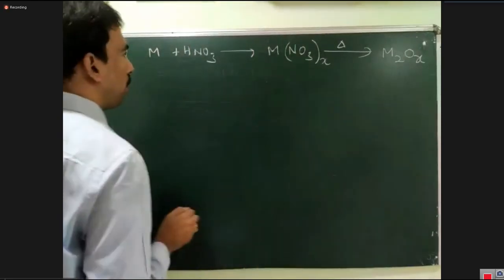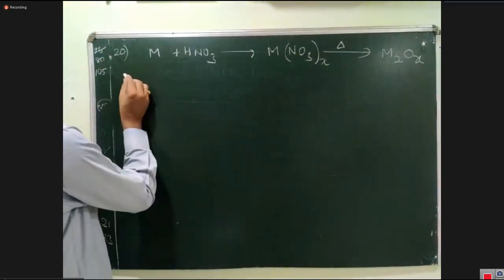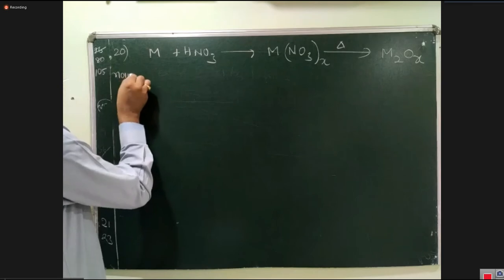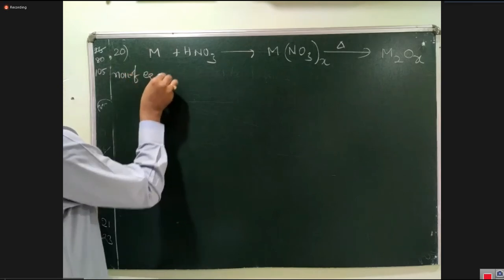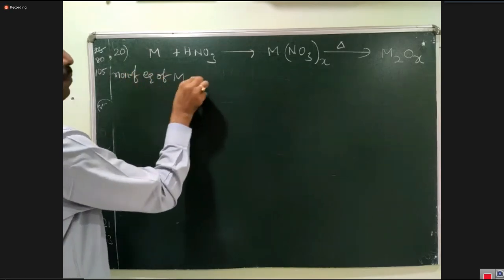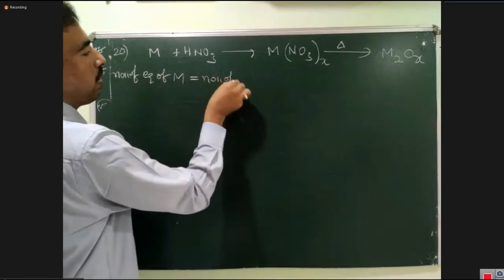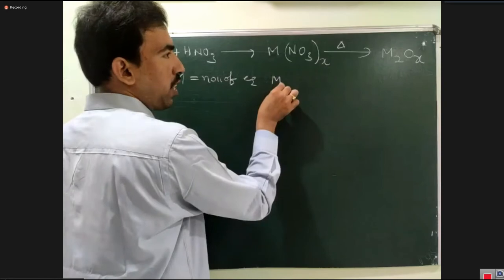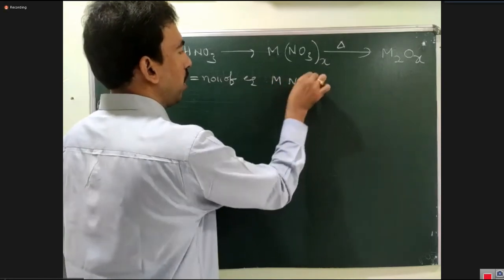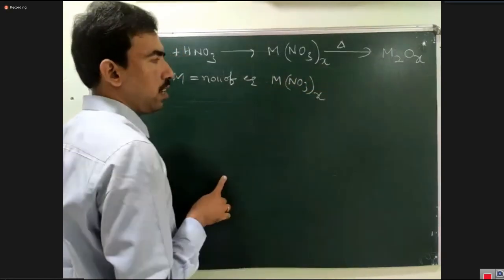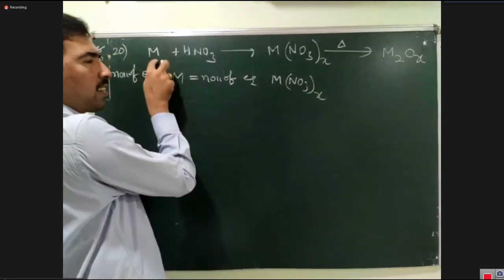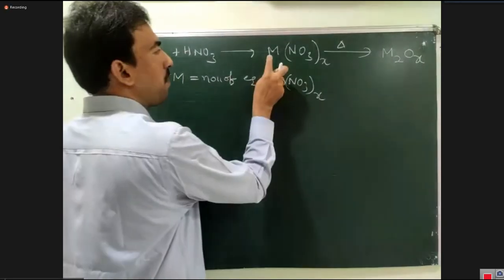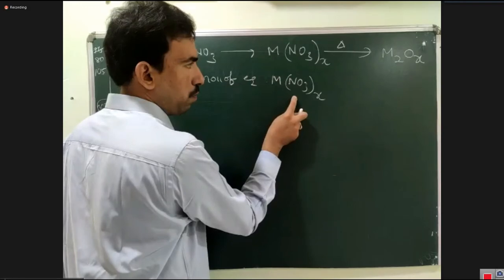Okay, no problem. The number of equivalents of M must be equal to the number of equivalents of metal nitrate, M(NO3)X. The number of equivalents of metal that reacts is equal to the number of equivalents of metal nitrate formed.